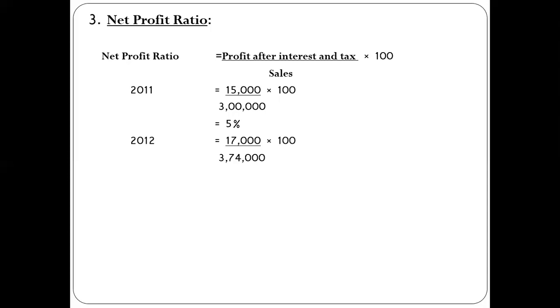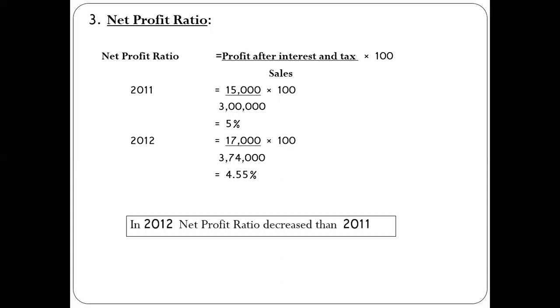In the same way, for 2012 it is 17,000 divided by 3,74,000 into 100, and we get 4.55%. So again the profit ratio decreased. We can write down that in 2012 net profit ratio decreased than 2011.